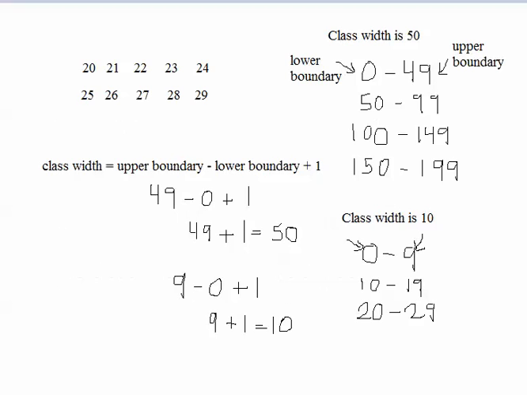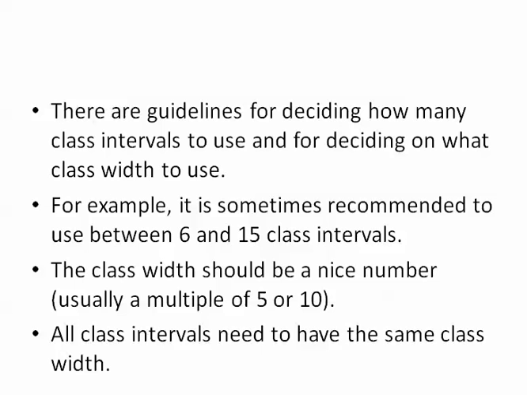Because if you use a class width like 7, it might look a little bit strange because then your intervals would be 10 to 16, 17 to 23. This is with a class width of 7, and then 24 to 30. It doesn't look as nice, and it's not as easy to follow or to interpret. So it's better to use multiples of 5 or 10 for class widths.